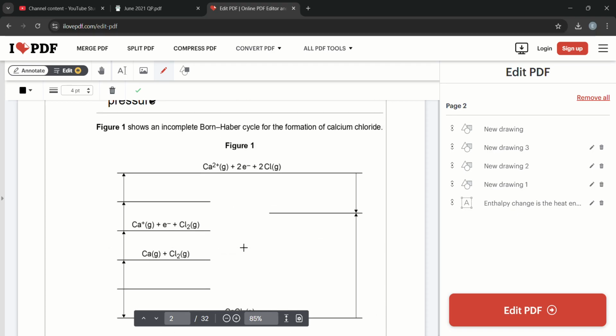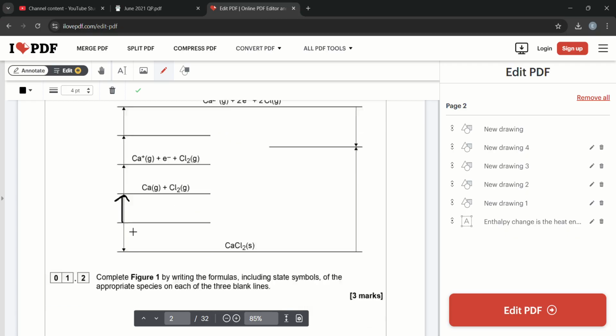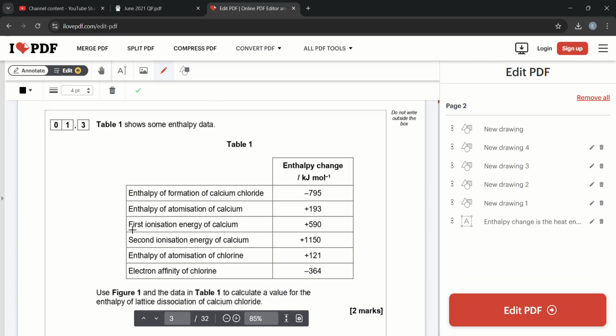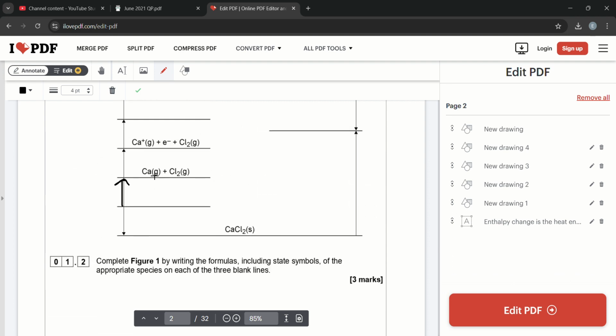There's Figure 1, complete it. Classic question. So first things first, this bit has to be enthalpy of atomization of calcium, because how did we get a gas here?